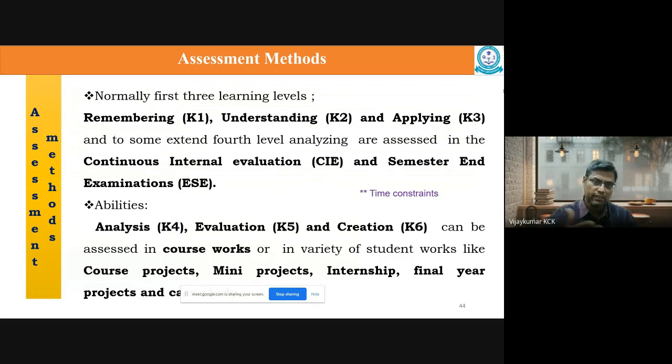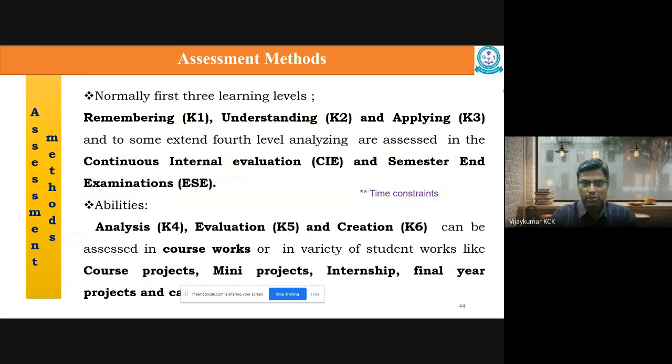All these are K4, K5, K6 level questions. But in undergraduate, maybe first year or second year, we will restrict the knowledge level, that is, Bloom's taxonomy level expected is up to K3. So this is what is normally followed in many institutions.